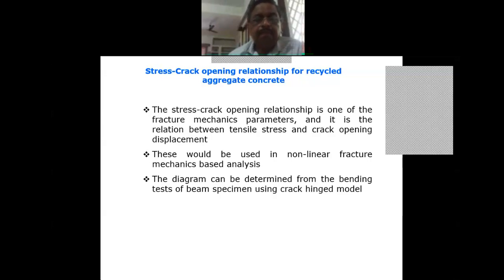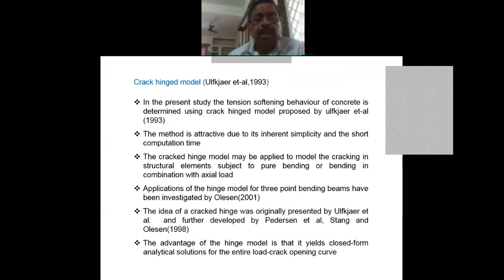There are some equations, and the crack hinge model given by Kaiser in 1993, we can adopt. It is an iterative procedure, and people use it extensively to evaluate the stress crack width opening parameters.